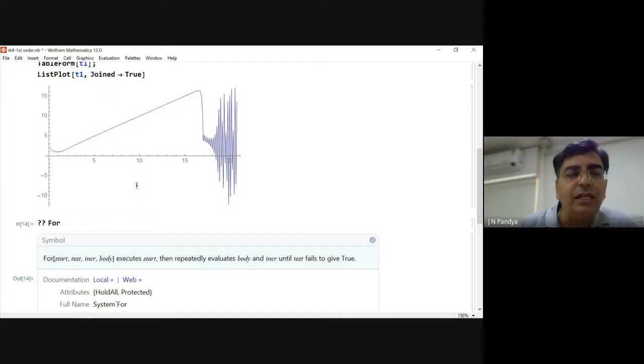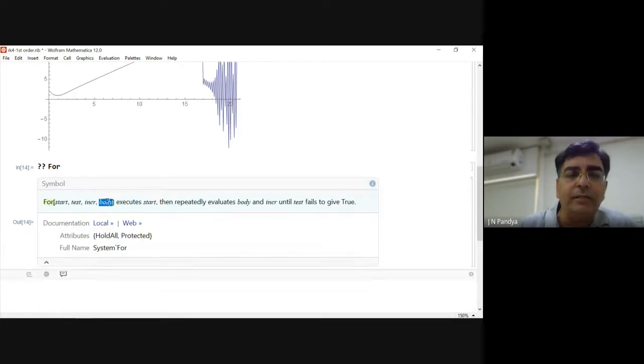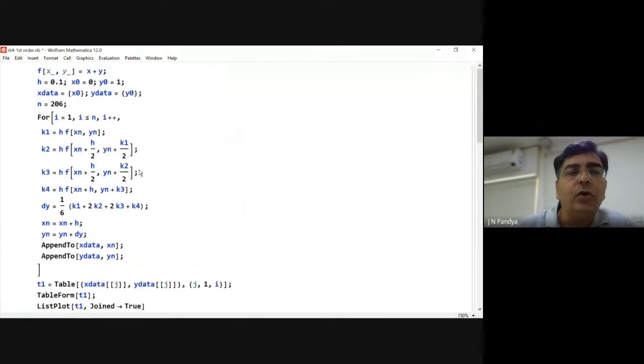And the fourth thing which is left out is the body. So body means whatever you want to be done in your whole iterations every time will be written here. So K1, K2, K3, K4, the way you are writing in your RK4 method. And then what is happening? Whatever xn you have, that xn will be incremented by h, and yn will be incremented by dy, as we already do in RK4.